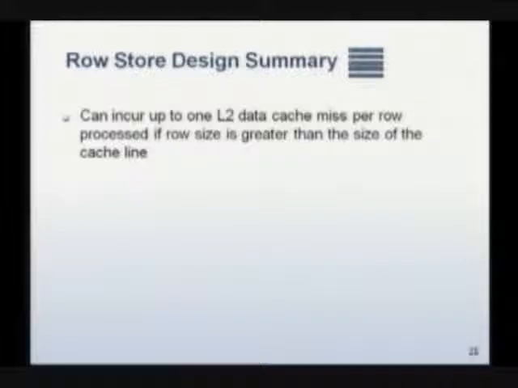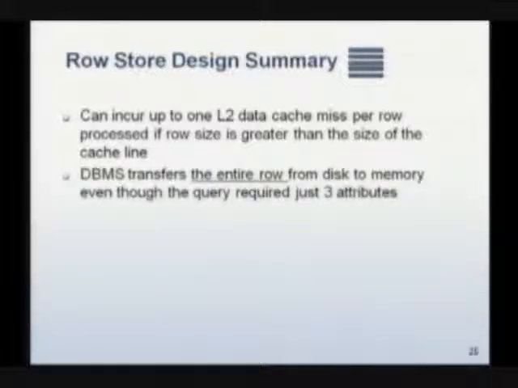When we're running queries on a row store or a conventional relational database system like SQL Server, we can incur up to 1 L2 data cache miss per row if the row size is bigger than the cache line size. And this is mostly true, okay? The database system transfers the entire row from disk to memory, even though the query only needed 3 attributes.